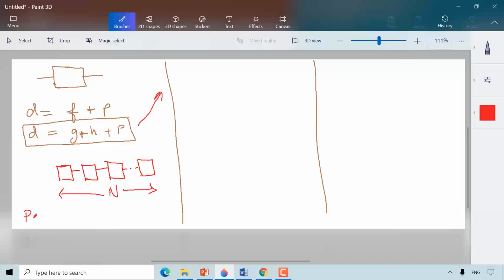So this is a path which consists of n stages. So now we will extend the same argument here.